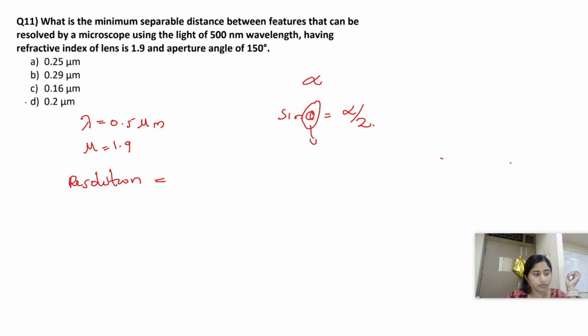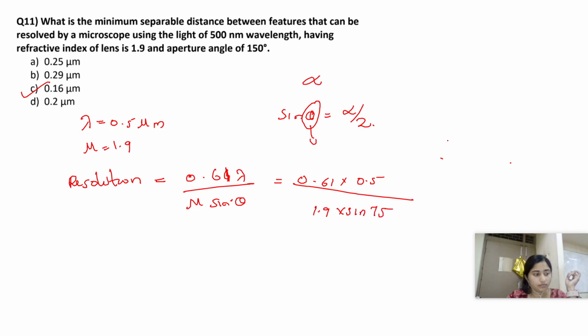Option C, yeah, C. So you have to substitute all the values in 0.61 lambda divided by mu sin theta. That will be the answer, 0.166.